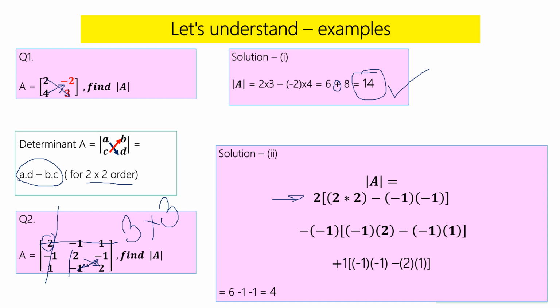Similarly, when we are at the position of minus 1, the sign will be minus because we had the alternate plus, minus, plus. So we subtract the second determinant, and the third value gets added. So we come to the value which is 4.